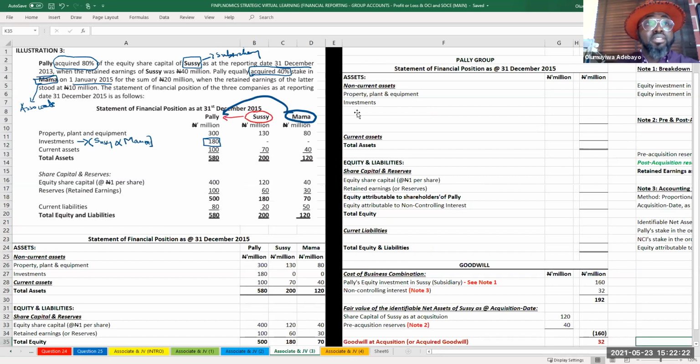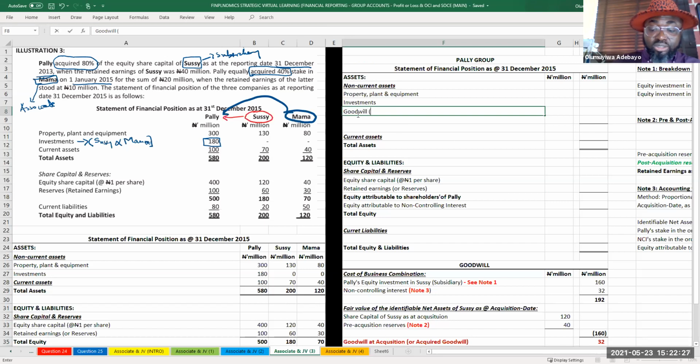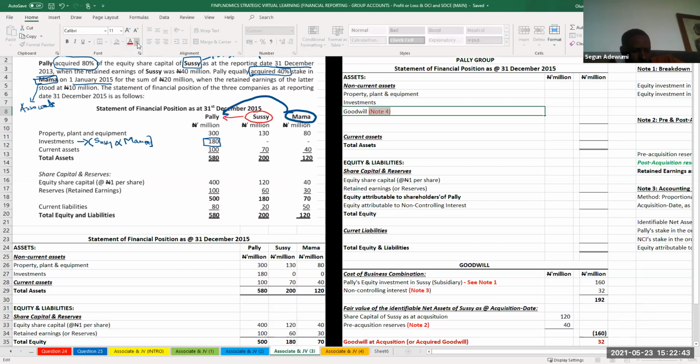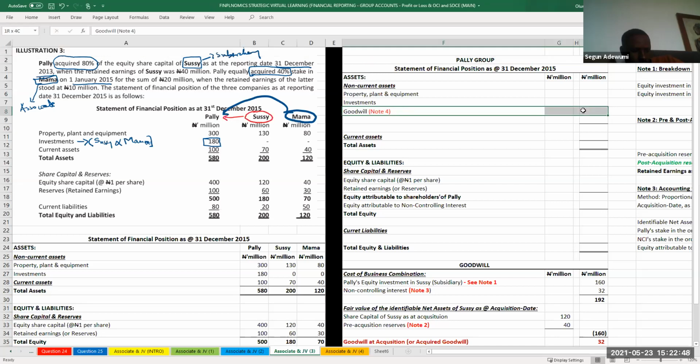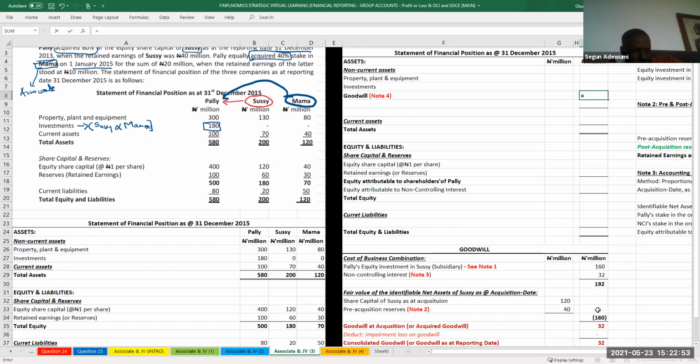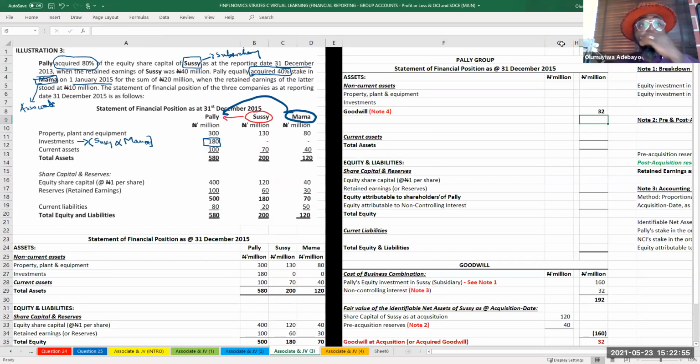We can come here and show our goodwill under non-current assets. That's I can call that notes 4. $32. Okay.